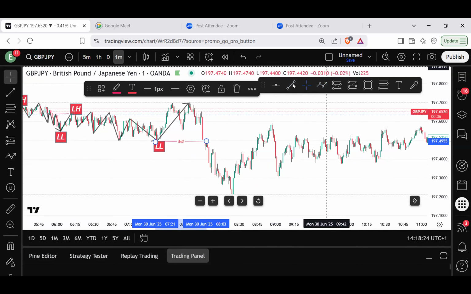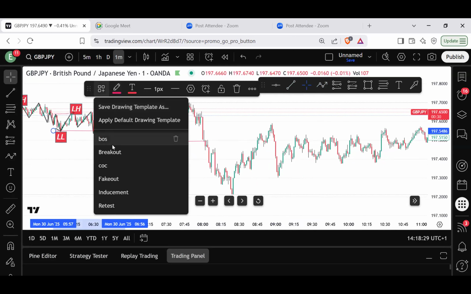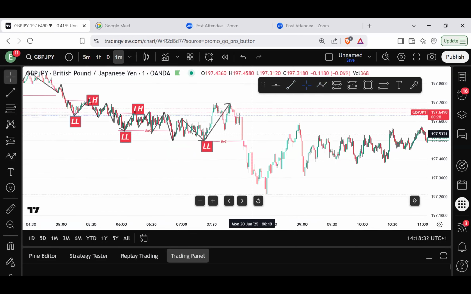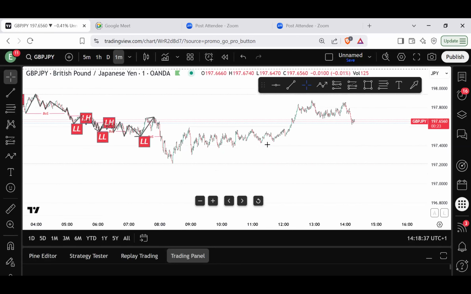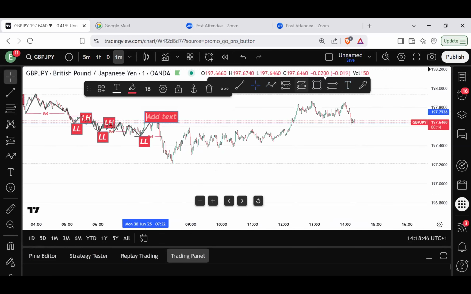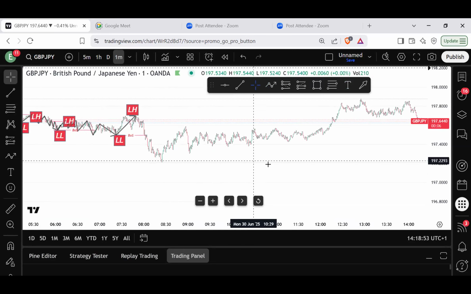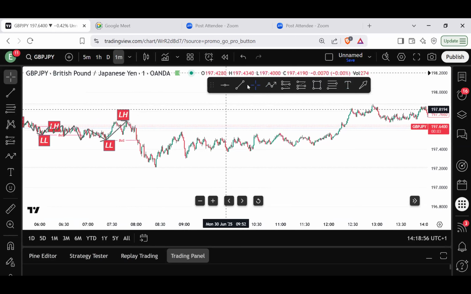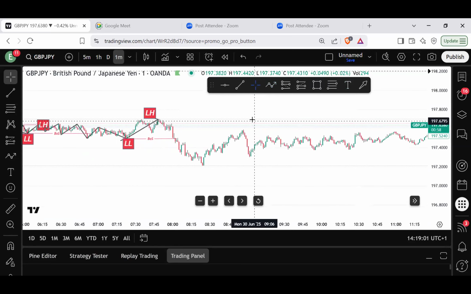So we have one here, break of structure. All right. So this is impulse to the downside.